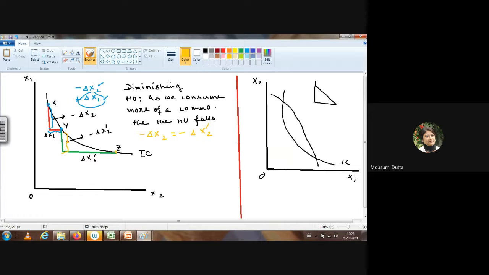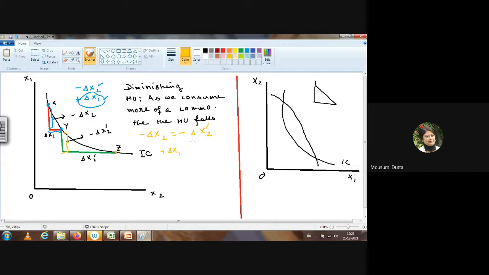However, to remain on the same indifference curve, now I want delta X1 prime amount of X1. Initially, while I sacrificed this amount of X2, I wanted only delta X1 amount of X1.